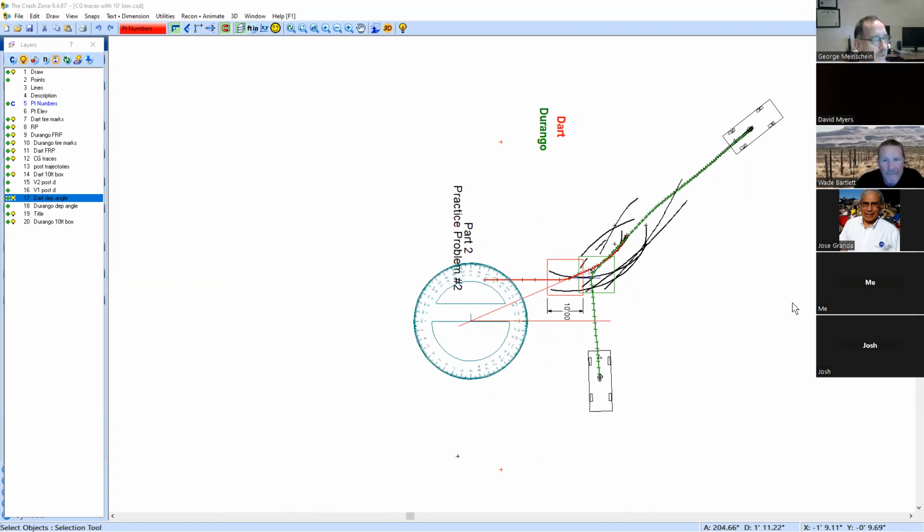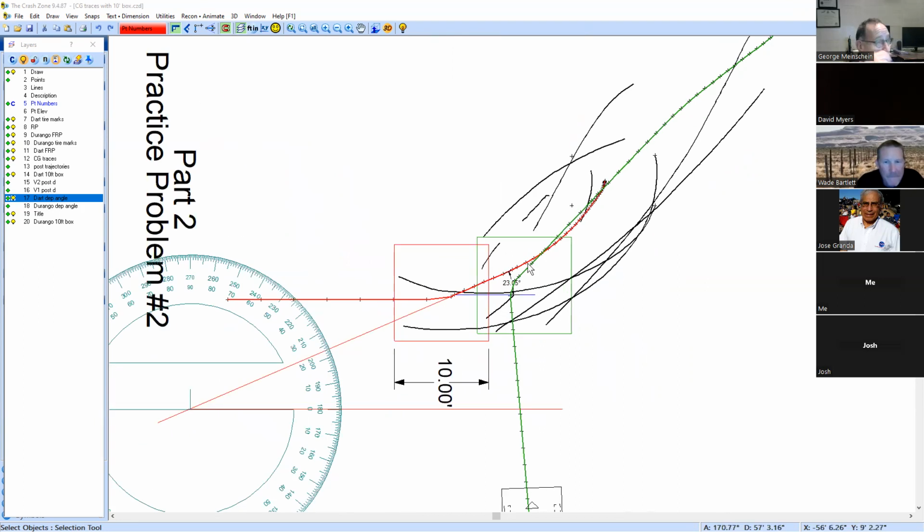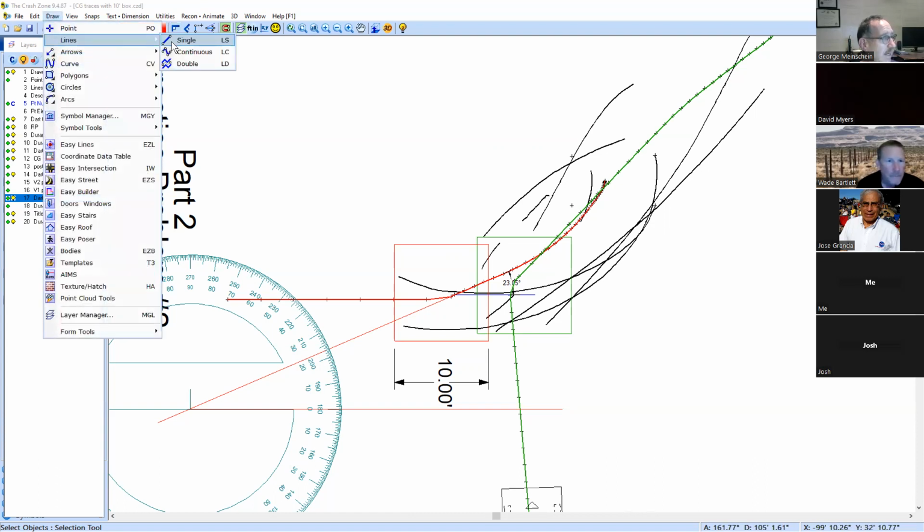So would you mind doing it again with the Durango? Yeah, I was going to ask if you could run through the Durango too, while we're here. All right. We're still going to use a 0 in that direction. Okay, let's do the Durango. Let's get rid of this lock. Draw a line.